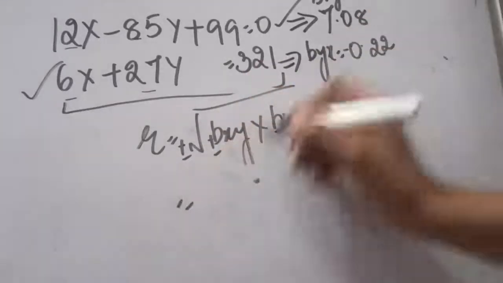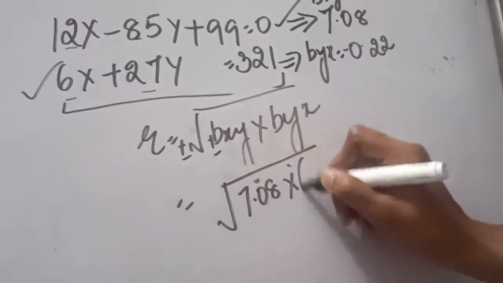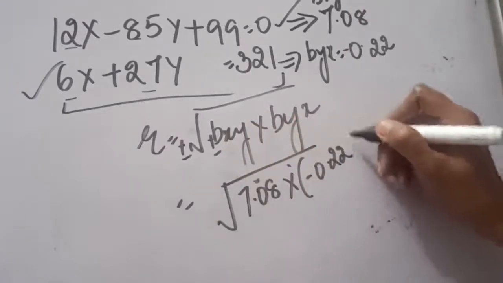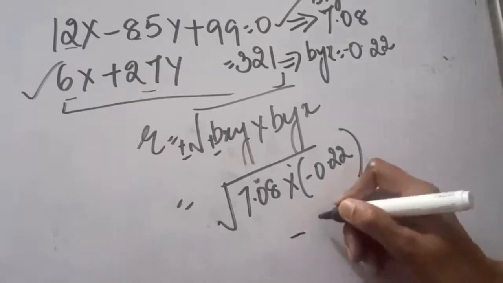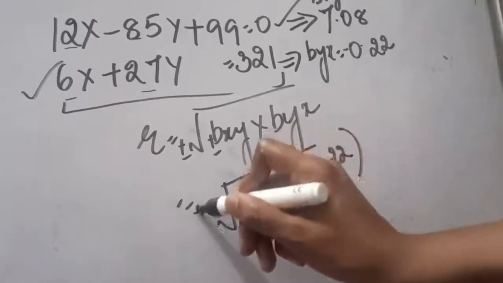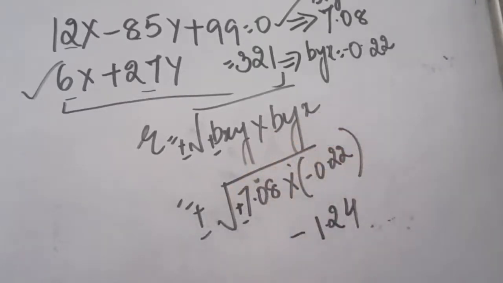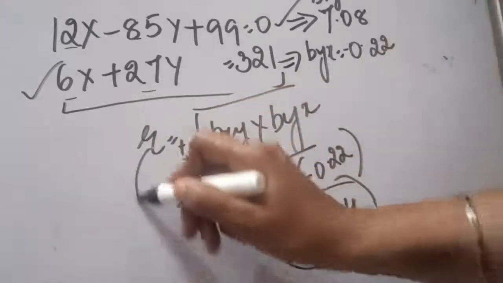So now we fill in these values: 7.08 into 0.22. 7.08 multiplied by 0.22 comes out to be 1.5576, and when you take its square root it comes out to be minus 1.24. The minus sign we can ignore because of the plus minus. So 1.24. Now is it possible to have this r?